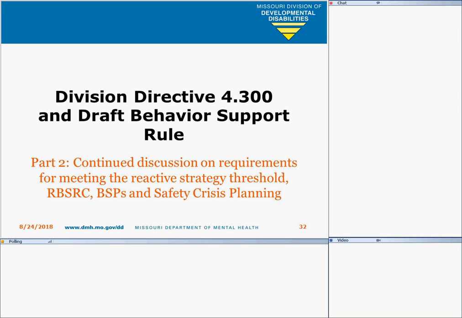So at the time that it becomes law, then it will be mandated and will be able to be enforced through all of the processes that can happen when there is a violation of the law. So just to clarify for folks, we had some questions last time about the difference between a rule and a directive.